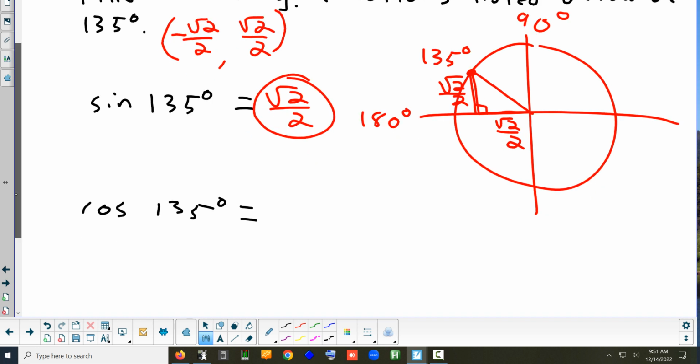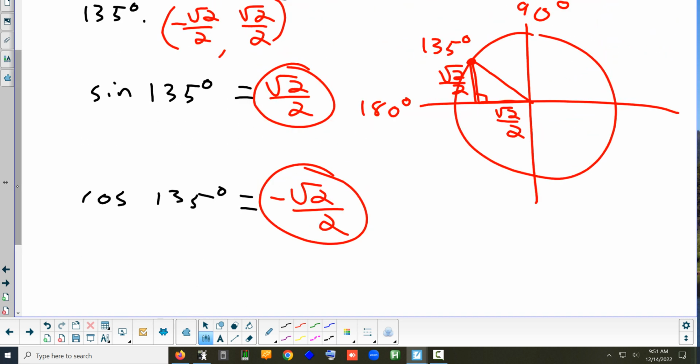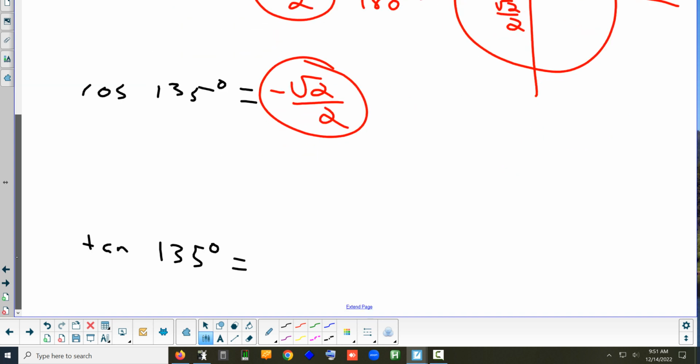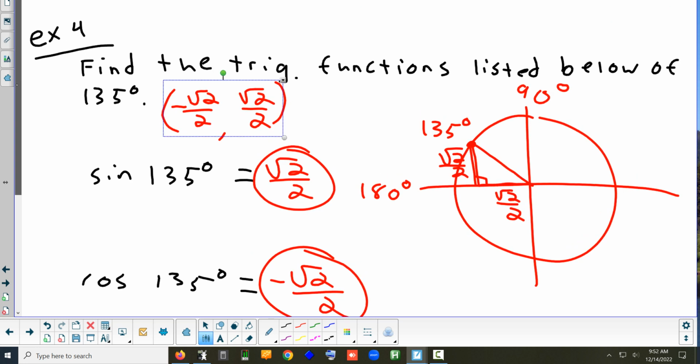Negative square root of 2 over 2. And the tangent is when you divide the y by the x. But the y and the x are opposites. So what do you get when you divide opposites? Negative 1. In this problem, they didn't ask for the other 3. You would flip them, but they just asked for the first 3.